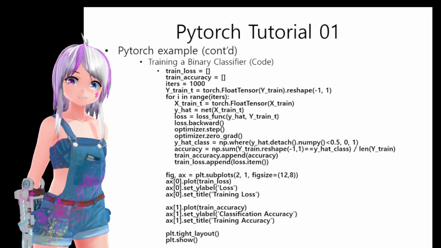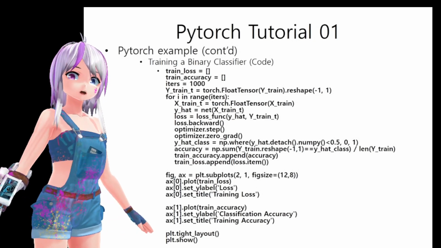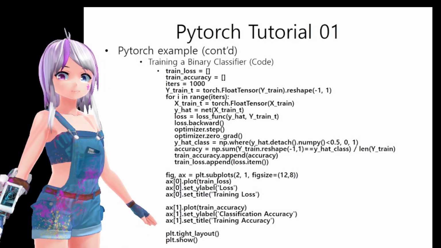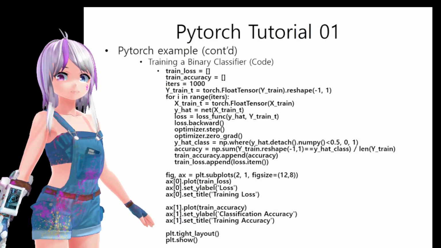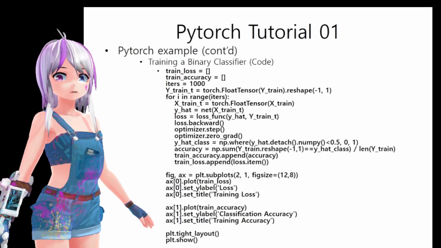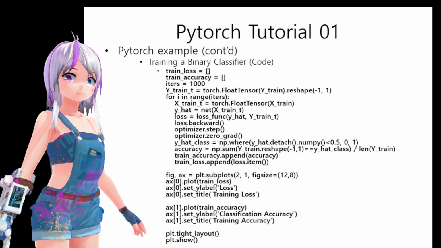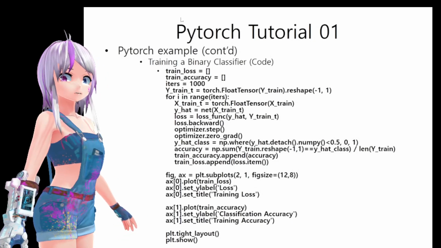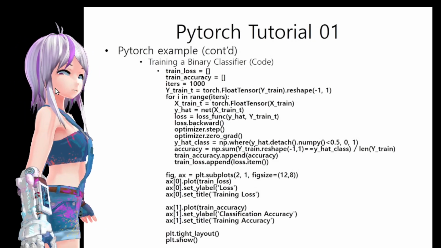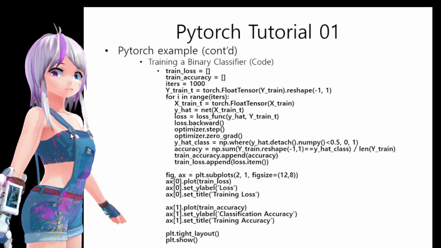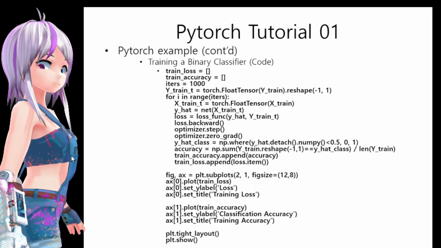y_hat, which is net(x_train_t). So you compute this y_hat as the prediction value. Actually, this is the output. And you compute the loss by using the loss function with y_hat and y_train_t. So y_train_t is the true value, and y_hat is our estimated label between 0 and 1. Okay, and we have loss.backward(), optimizer.step(), and optimizer.zero_grad().